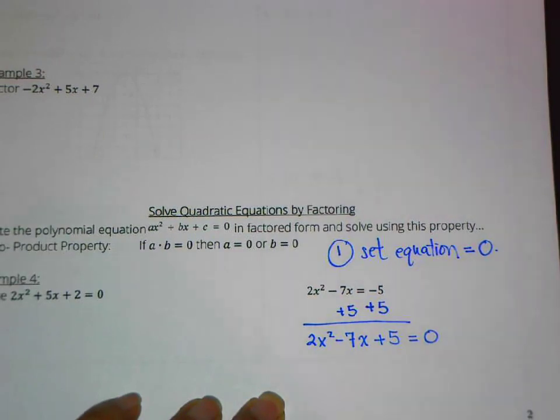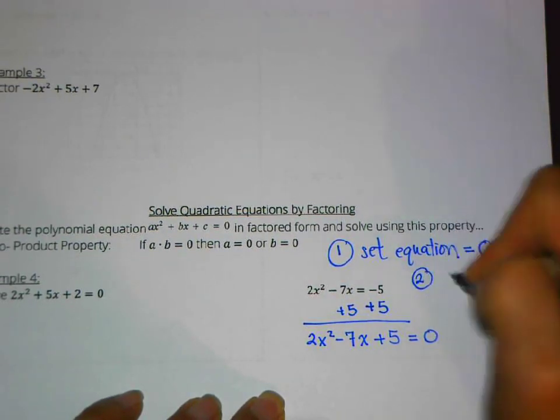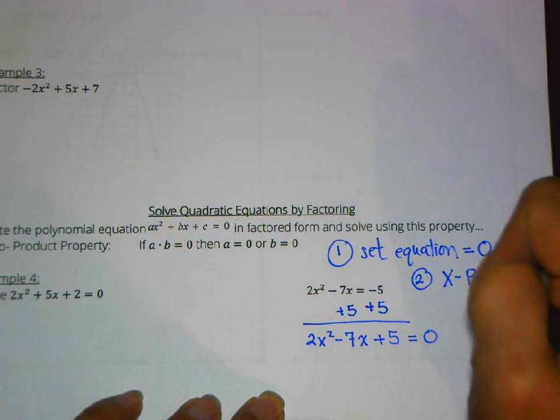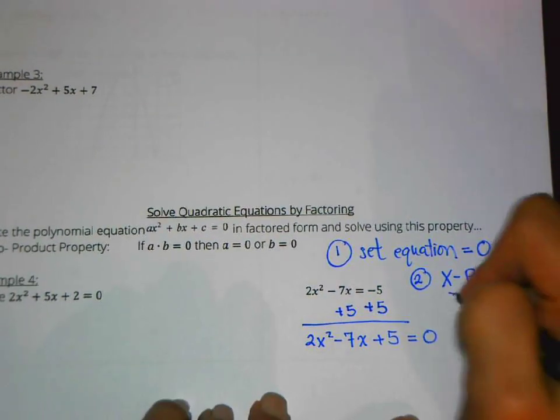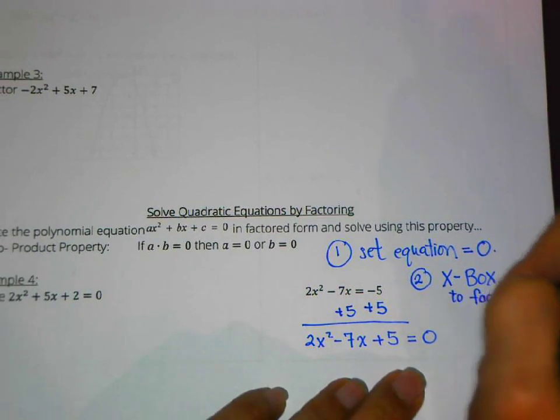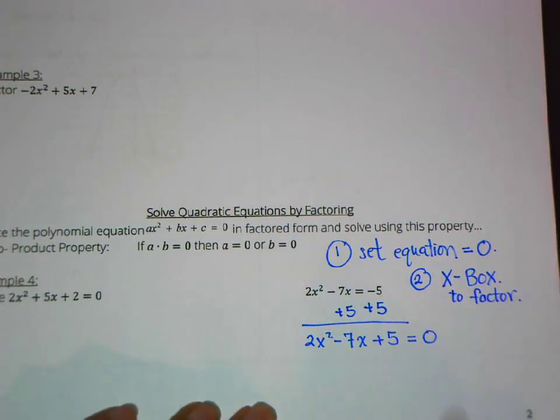At this point, I am going to factor it, just like what I did before. So step 2, factor. In this case, we're going to do the X box to factor. Okay, so let's take a look. 2, 7, and 5.